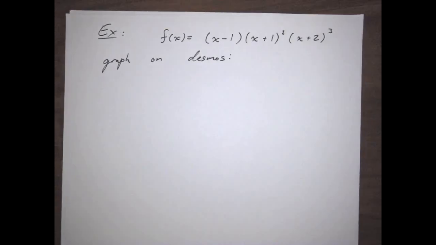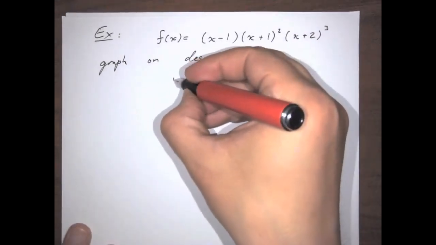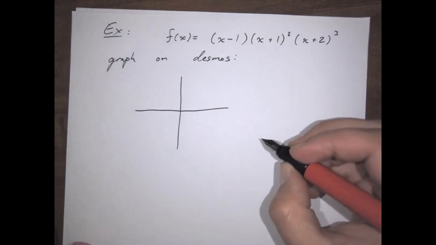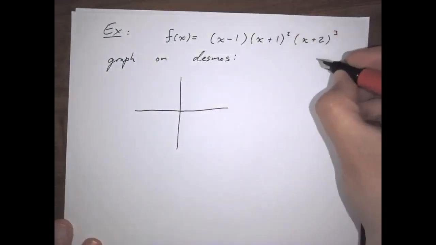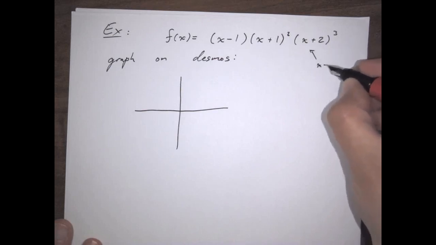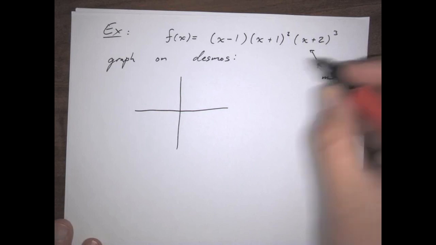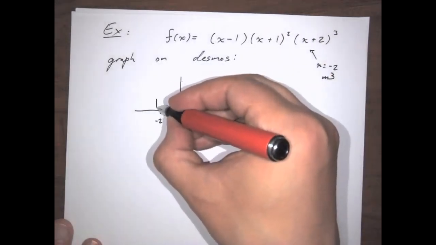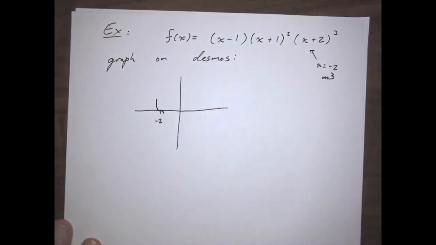So we looked at the graph on Desmos, and here we're going to put down the important things about it. However, we're going to exaggerate some things in order to make them easier to see. So at x equals -2, that one had multiplicity 3. And at -2, what we saw was something that looked like a cubic.